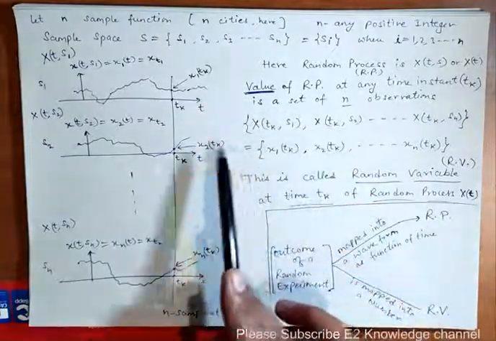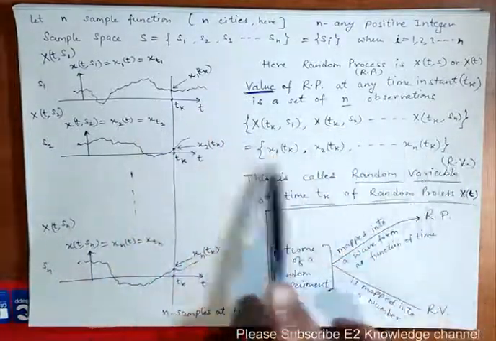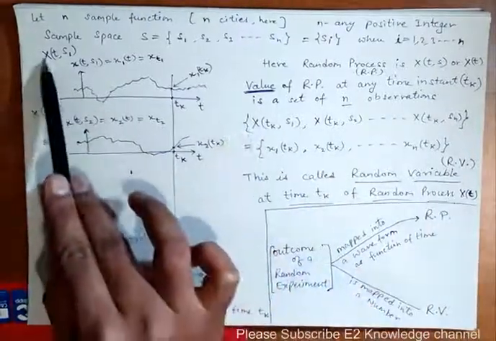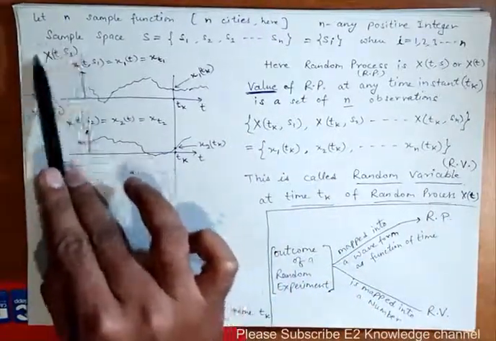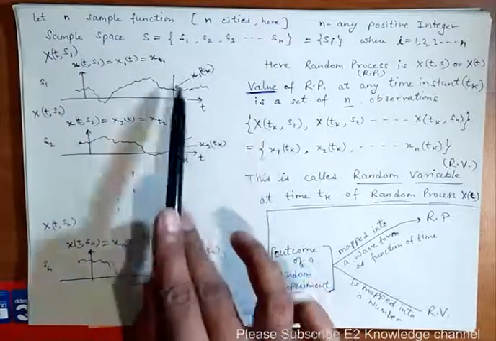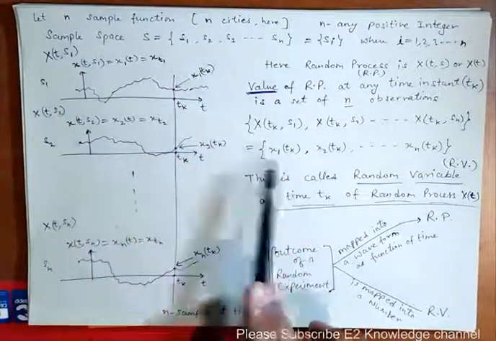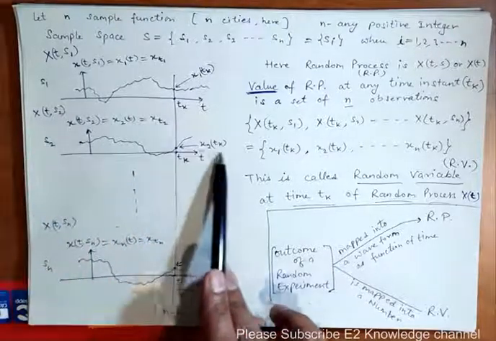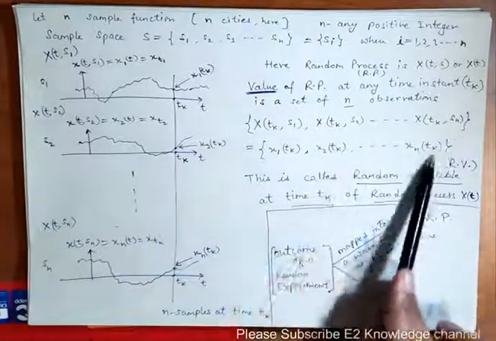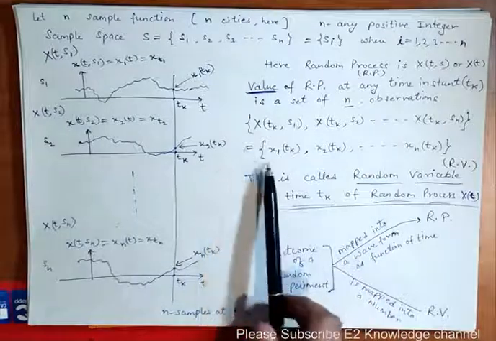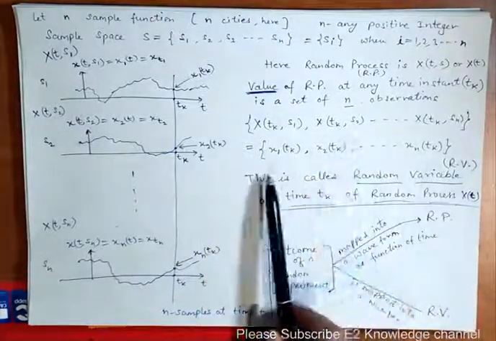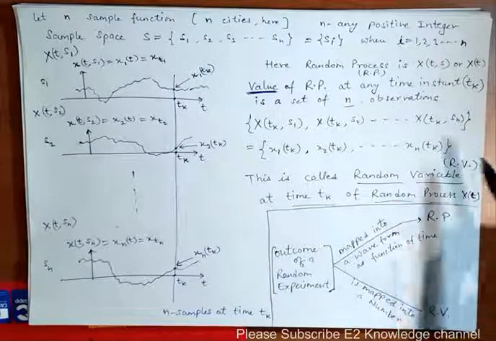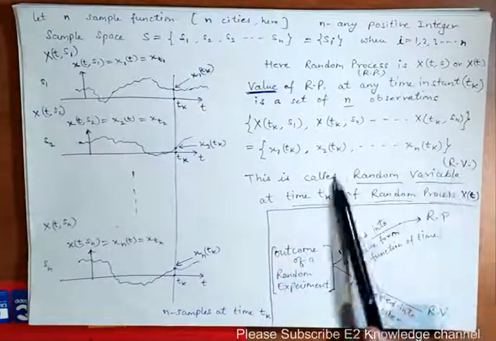So we can calculate all the observations in terms of the random process, that is X(tk, S1), the first sample function at time tk, and the second, X(tk, S2), at time tk, and so on. So this is the set of n observations at time instant tk, which becomes a random variable.